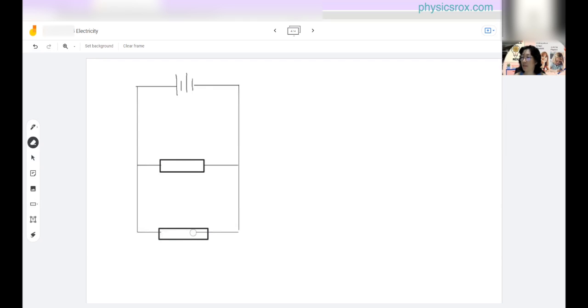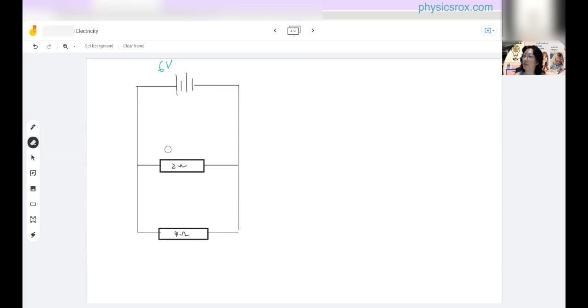Let's say now this is a parallel circuit. Later, I just want to show you some examples of parallel circuits because you need to get used to the different kinds of parallel diagrams also. Let's say now this is 6 volts. Let's say now I put the 2 ohm and 4 ohm resistor like this.